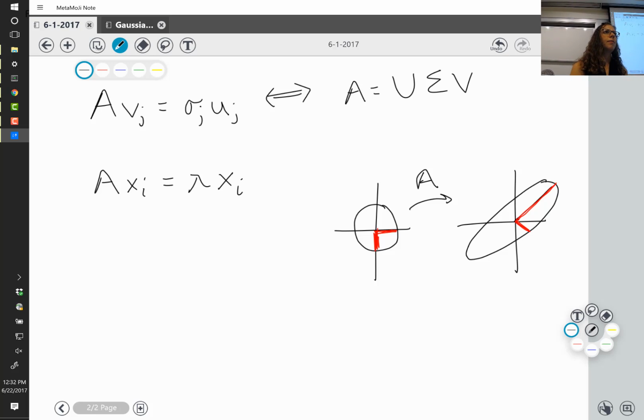And so looking at the eigenvalues and eigenvectors, this is a very similar equation, and the difference is just that you don't have separate U and V. You just have X. And so this could be written in matrix form. Why was I able to change the order of sigma and X when I went to the matrix form?